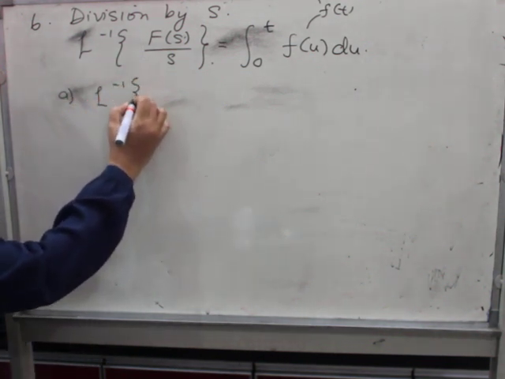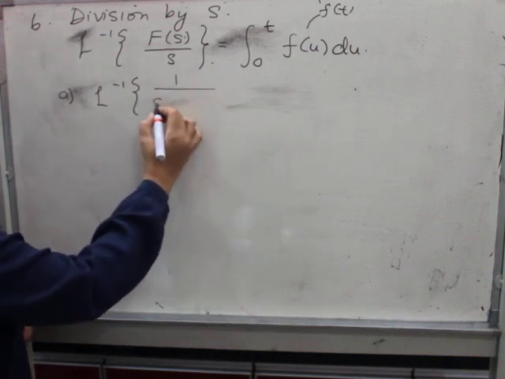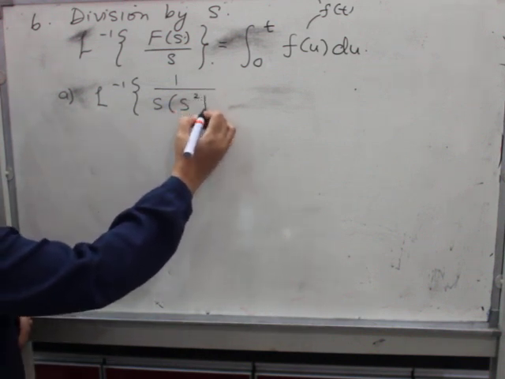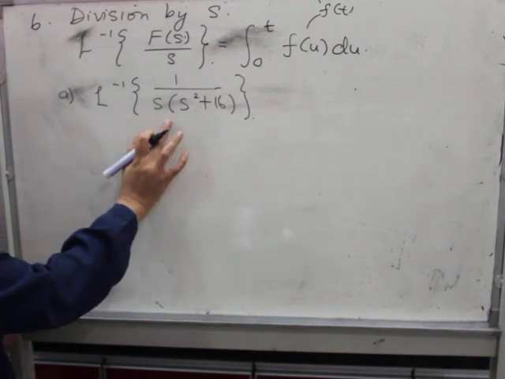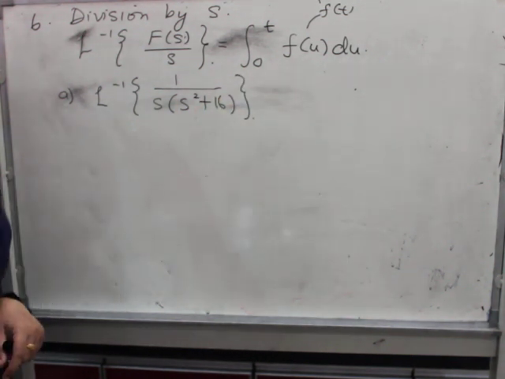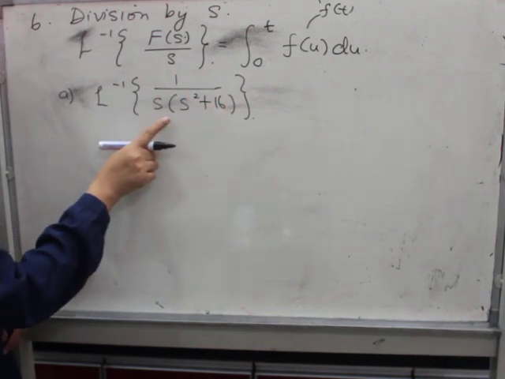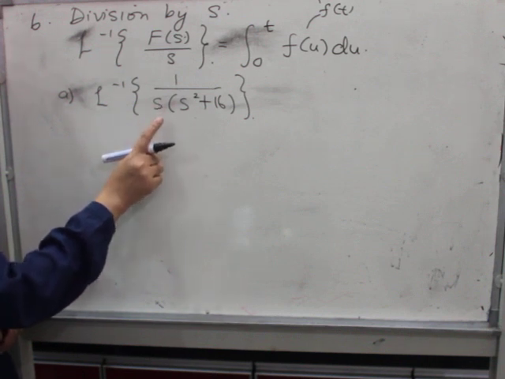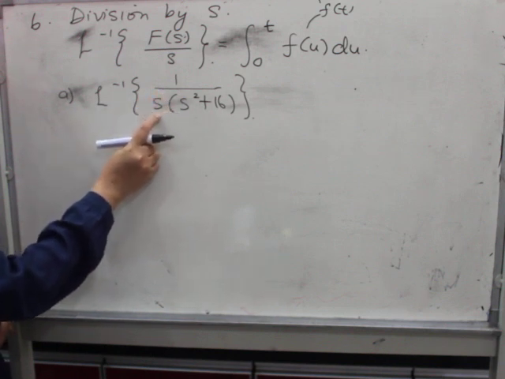Laplace inverse of 1 over s squared plus 16. Say this is a question. If you see this question, you can use either partial fractions, or you can use the division by S property, because we have division by S over here.